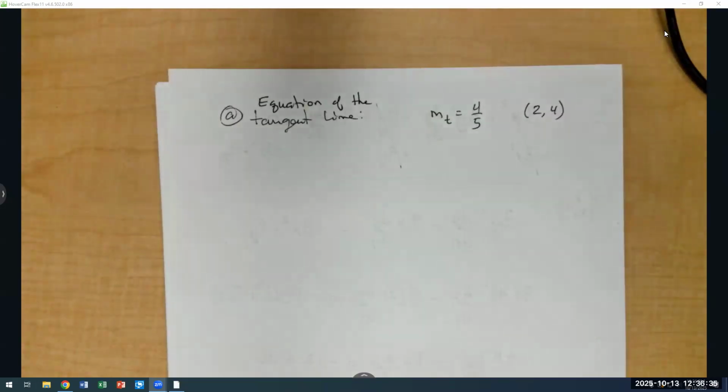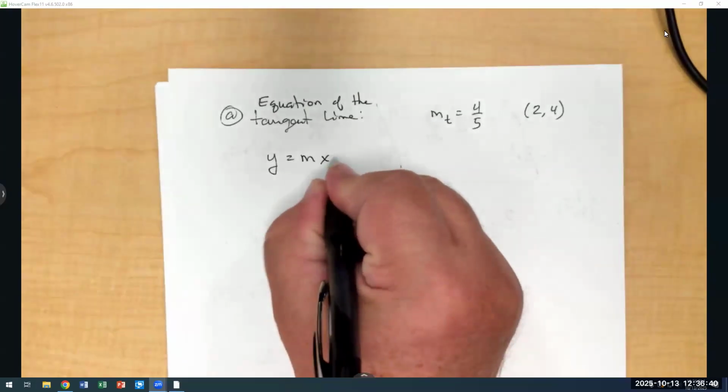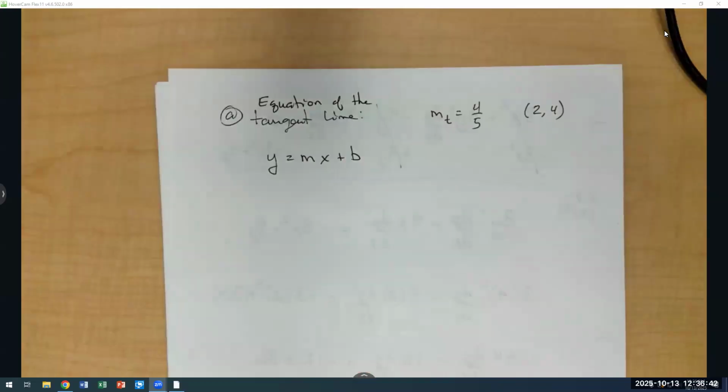Since it's an equation of a line, we know it has to look like this. What's the only variable we don't know the value of?